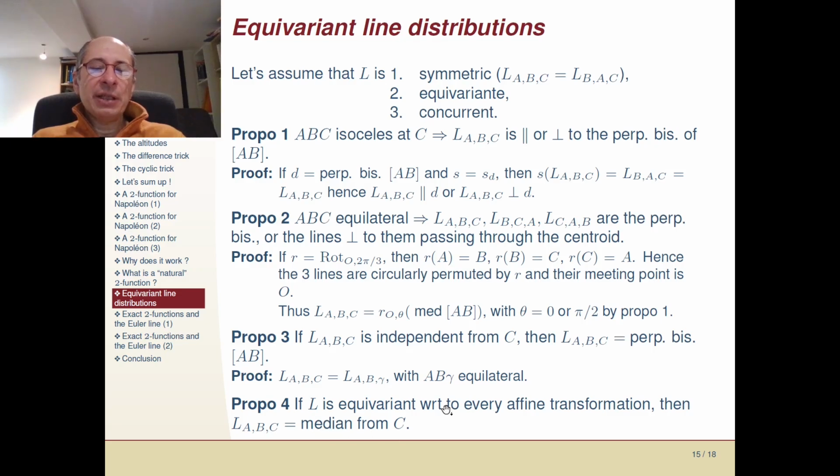It's quite clear because the medians depend on the midpoints, and the midpoint is an affine notion, whereas the perpendicular bisectors, the altitudes, etc. use metric notions like angles and distances.